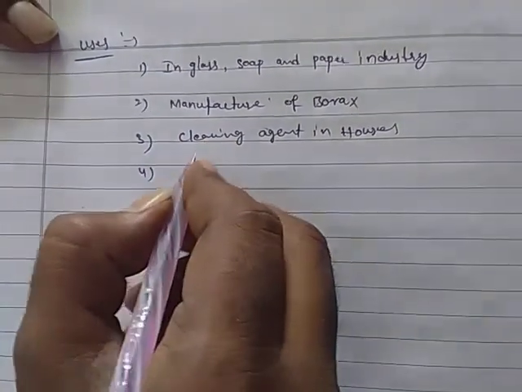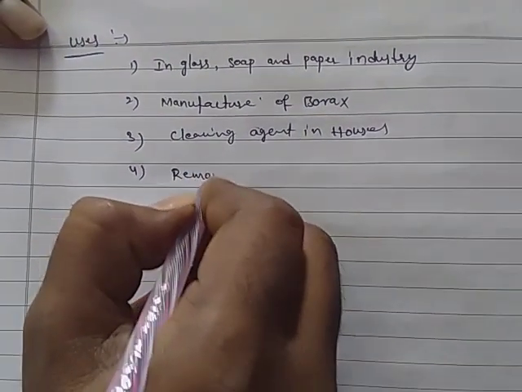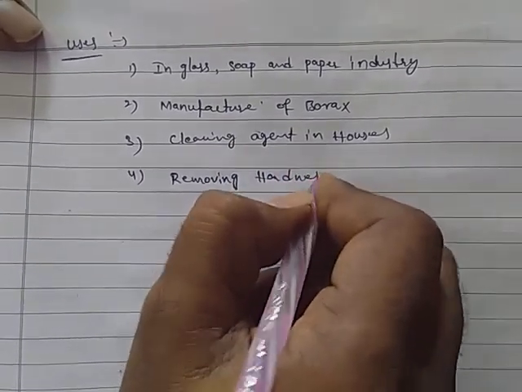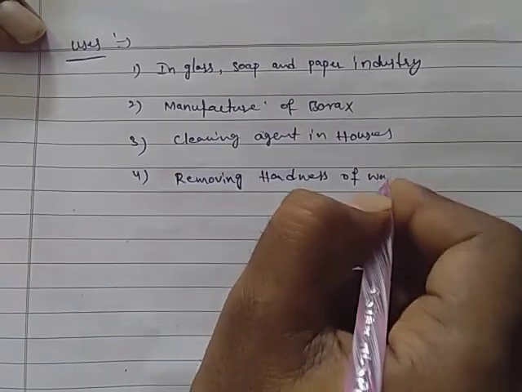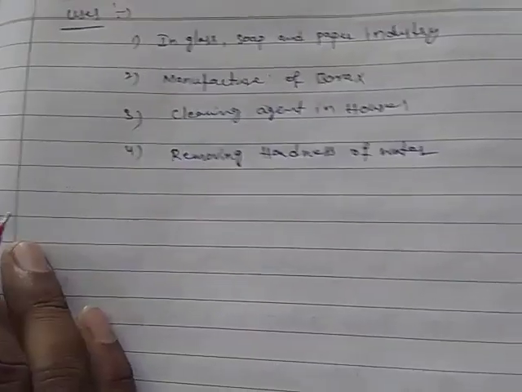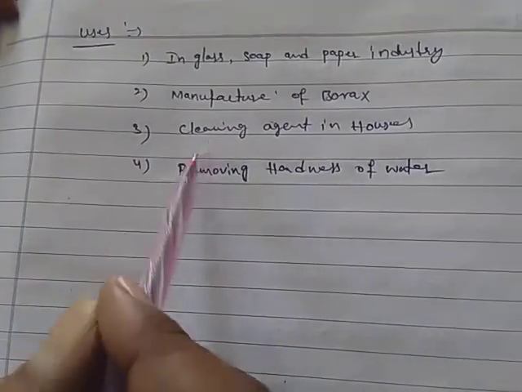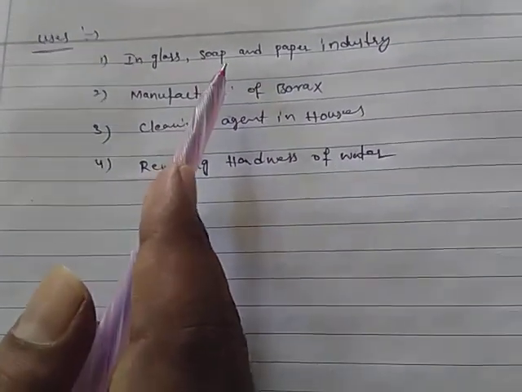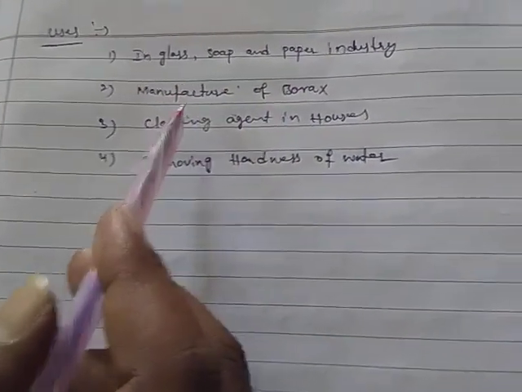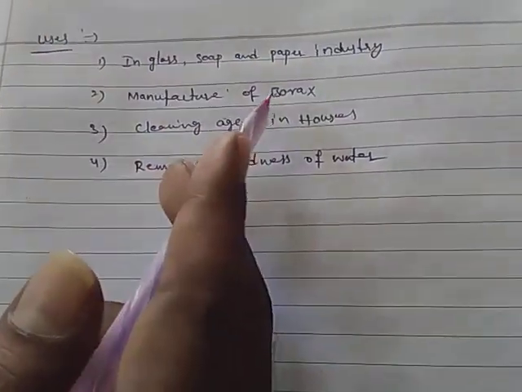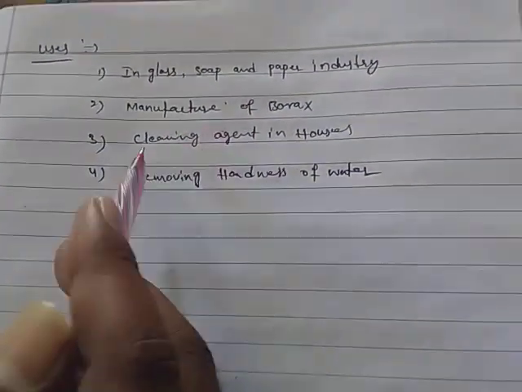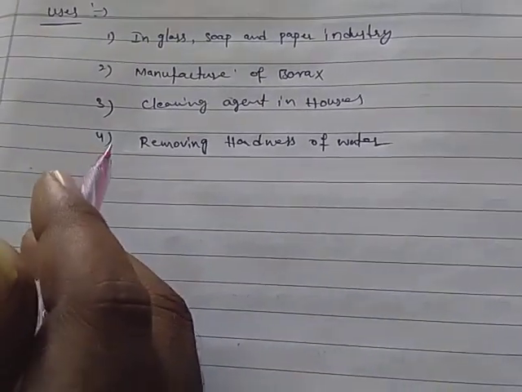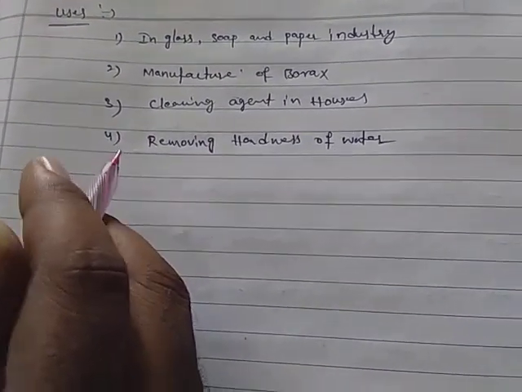Fourth one, removing hardness of water. These are the uses of washing soda. We can use it in the glass industry, soap industry and paper industry, and for manufacture of borax powder. And as a cleaning agent in houses and for removing hardness of water. And next one is plaster of Paris.